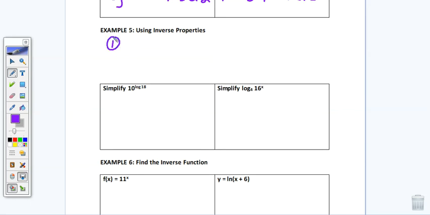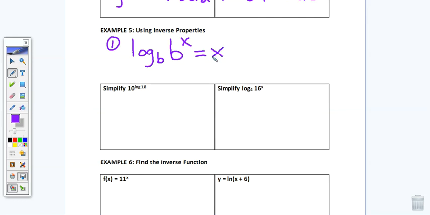Rule number 1: if you ever have log base b of b to the x, like this, log base b of what? B. So this is a 7 and this is a 7 right here. If the little subscript telling me the logarithm's base is the same as the actual base right here, this is going to equal x.